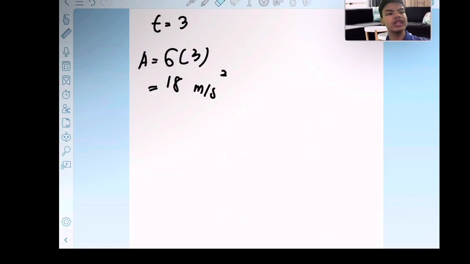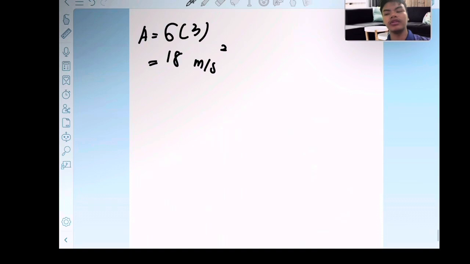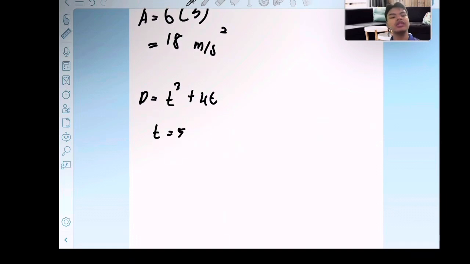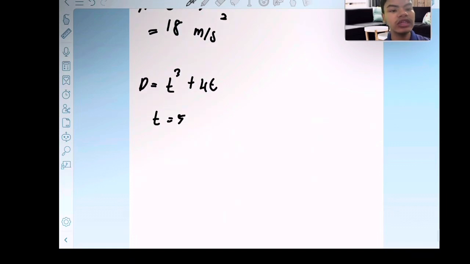So next we move to Shahmi's displacement. We know that Shahmi's displacement is d equals t cubed plus 4t. What is Shahmi's distance at t equals 5? To find this displacement, we need to substitute the value of 5 into the equation.